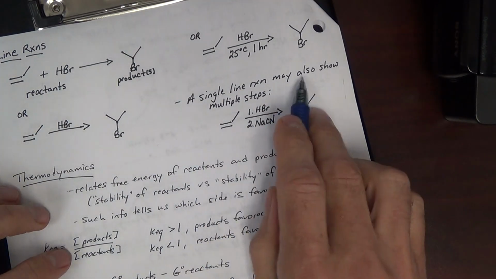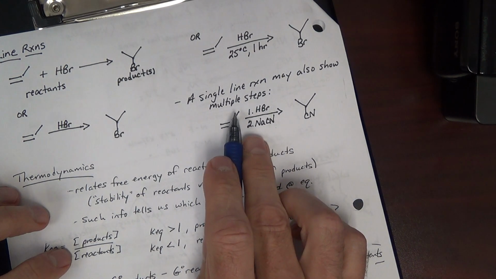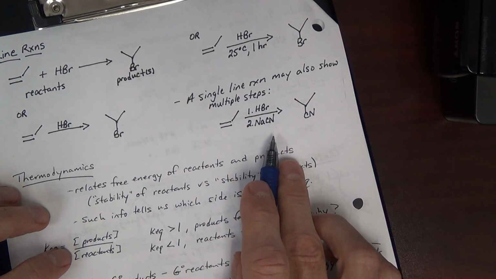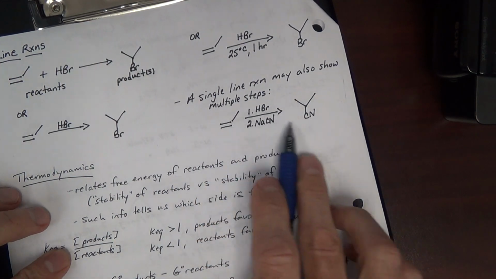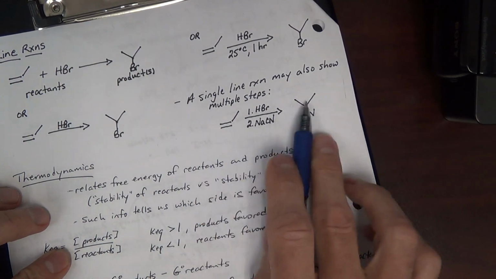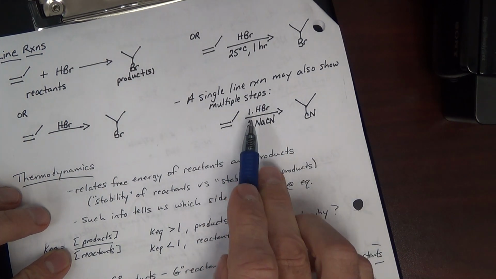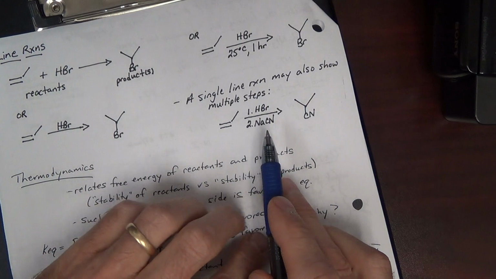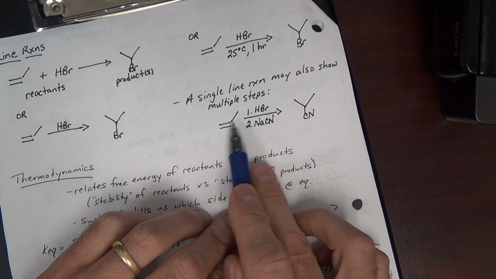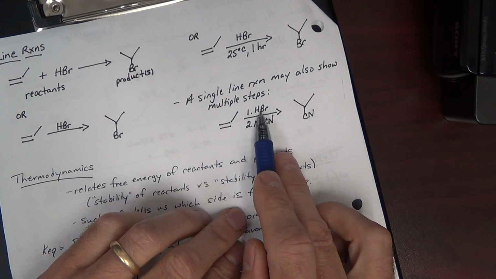Note that a single line reaction may also show multiple steps. Really, this is two different line reactions really combined, but this is commonly done. You might even see 1, 2, 3. Whenever you see the 1 and 2, you have to keep these separate. The alkene is first reacted with HBr.